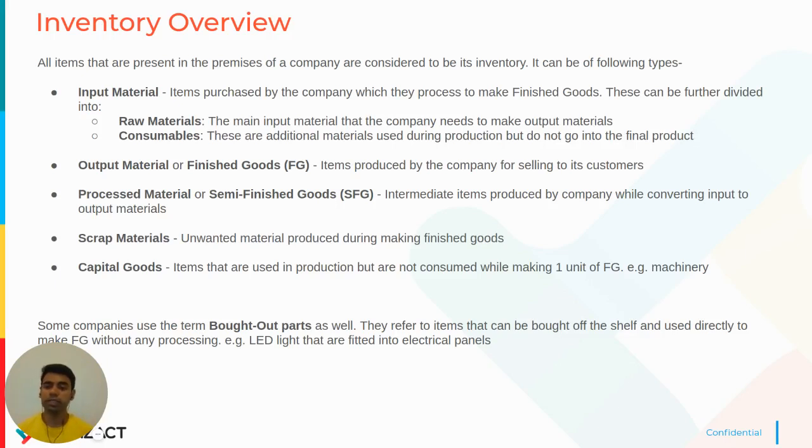For example, big machines, or the factory, or the different units in the factory that are used in making the finished good. Some companies also use the term bought out parts. These items are those which they buy directly from other companies and fit into their finished goods, and they don't manufacture them themselves.